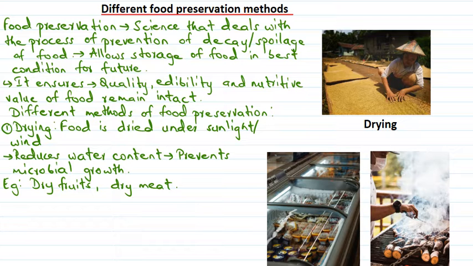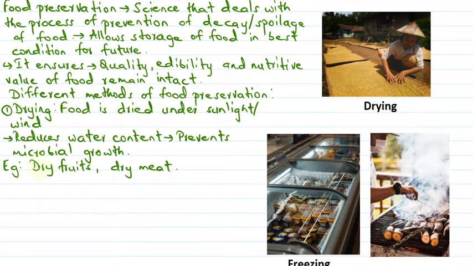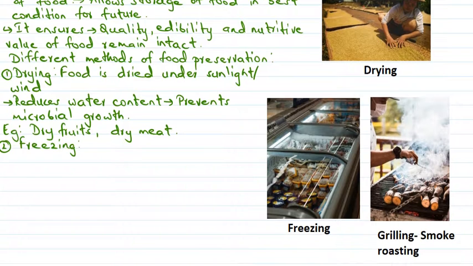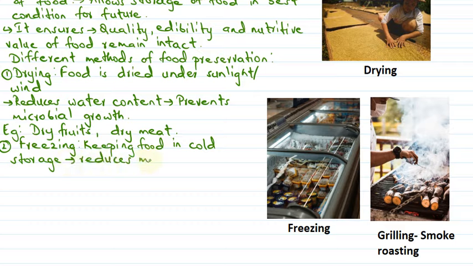The next method is freezing. In freezing, food is kept in cold storage, which reduces microbial growth.